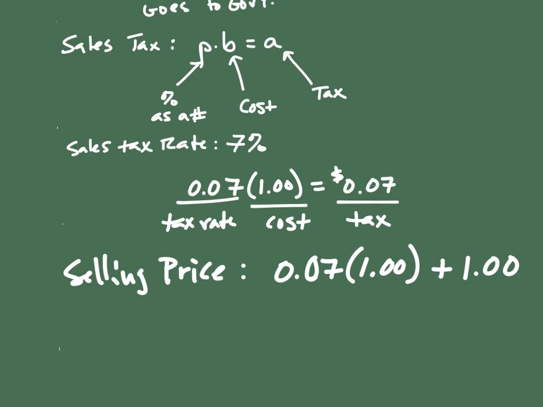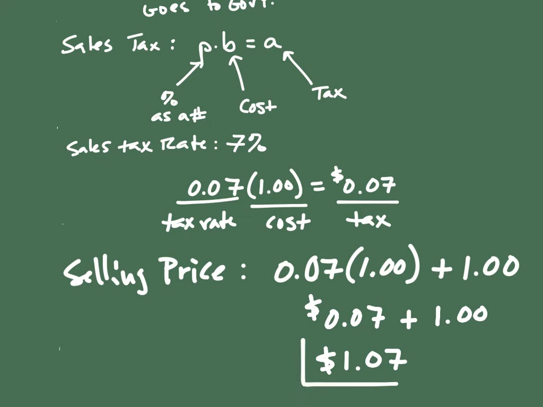So when we evaluate this, 0.07 times $1 is 7 cents, all right? And we add that to $1, and so our total selling price ends up being $1.07, okay? This is what the cash register does and figures out when you go and buy something. Okay, and so what we want to do is do this by hand as a math exercise to understand percents.